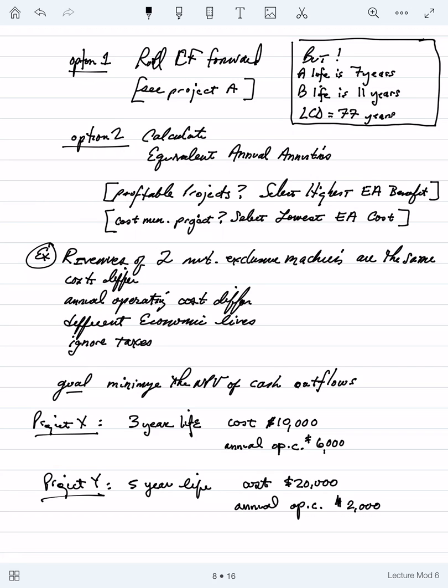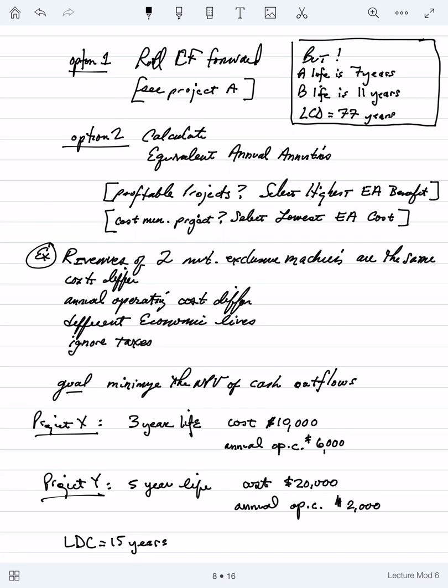If you look at these two options, you could draw a timeline and identify the relevant cash flows. We're going to plan to be in business through the end of time. You can see the lowest common denominator for the years of these two alternatives is 15 years. I'm not way up there at 77 years, but still it's a little bit unwieldy.